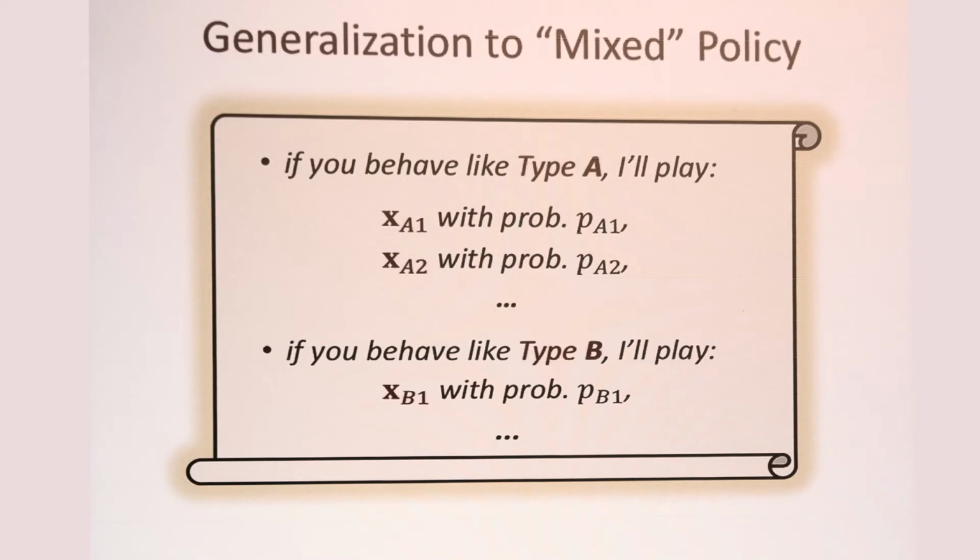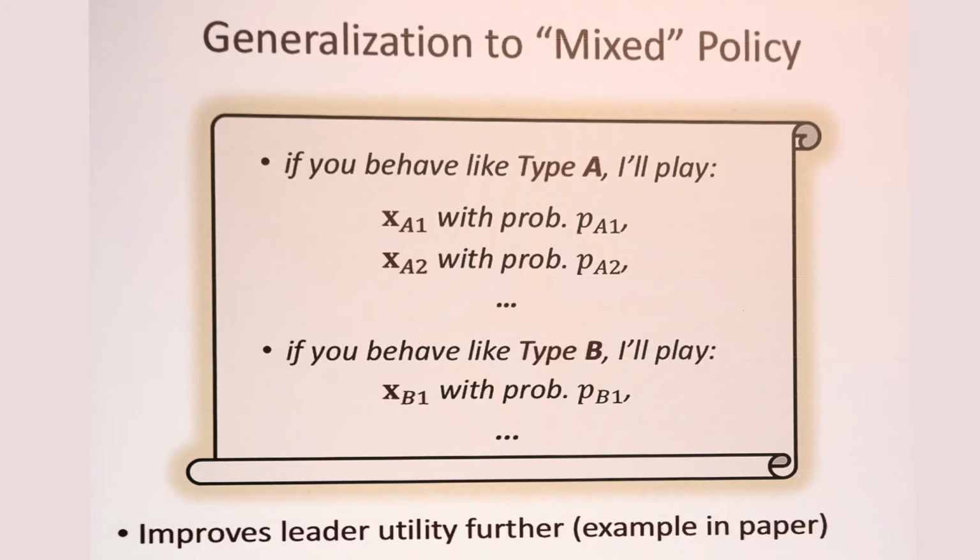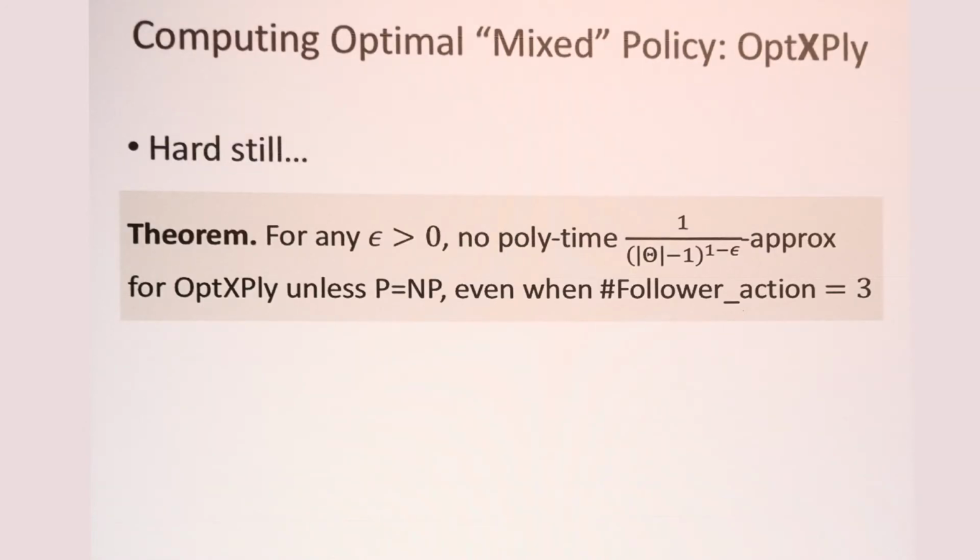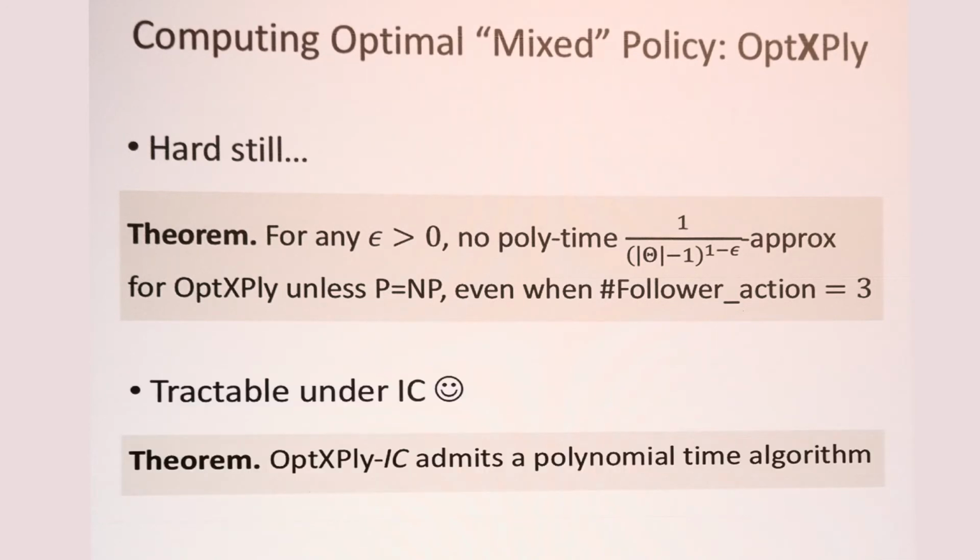Normally randomization over mixed strategies wouldn't bring any extra benefit for a player to improve their utility, but it turns out that it does in our model, and we have an example in our paper showing that using such a mixed leader policy, we can indeed further improve the leader's utility. But then we move to the computation of the optimal mixed leader policy. Unfortunately, the problem is still hard to approximate. But the interesting thing is that it suddenly becomes tractable if we further impose IC constraints here.